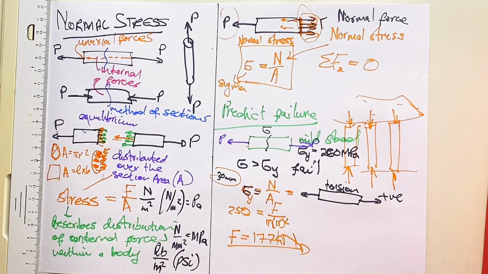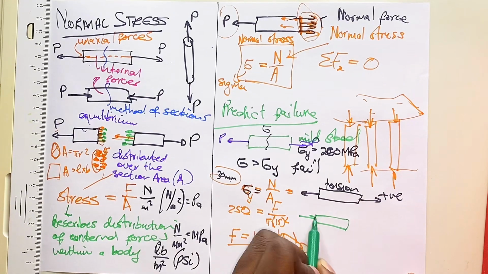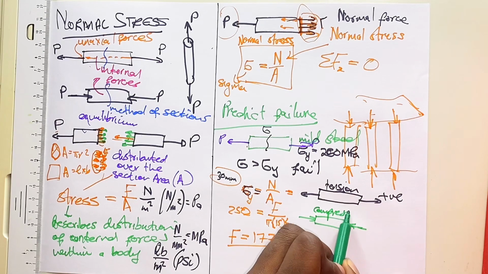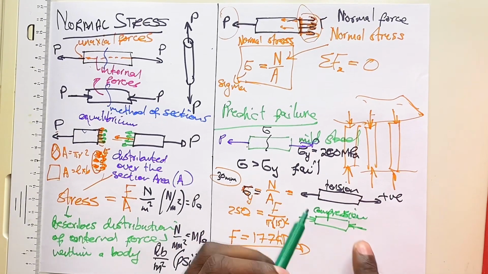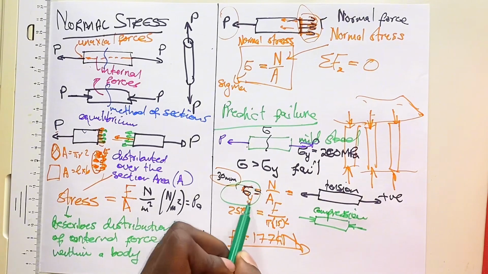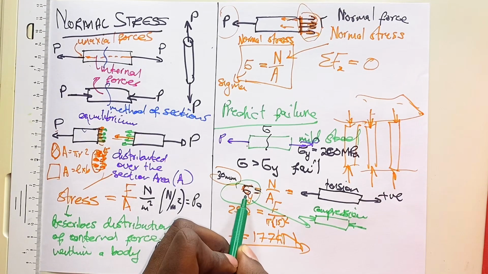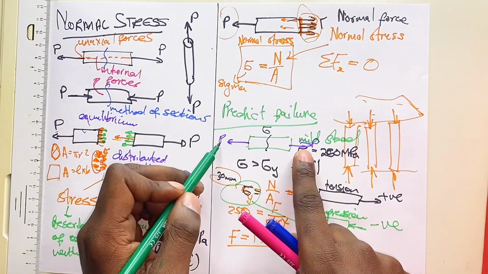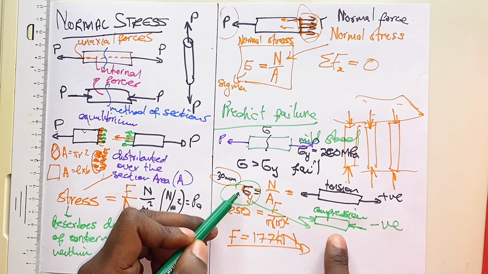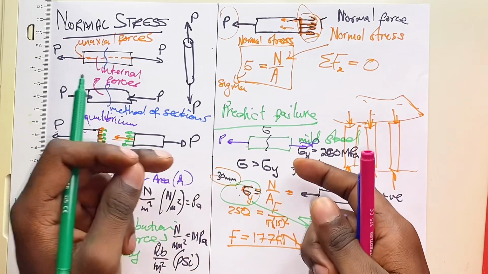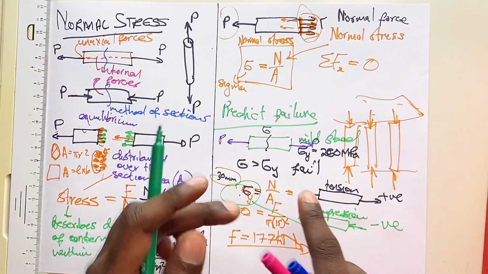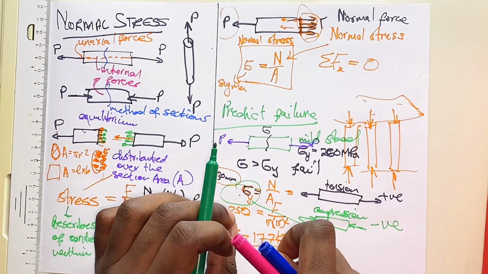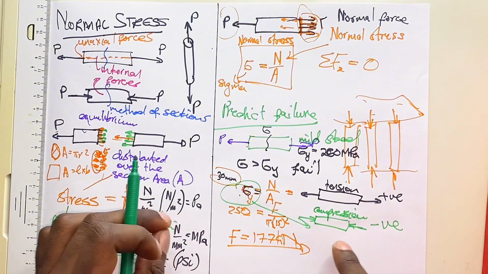However, if your member has forces that are pushing against it, your member is experiencing compression, and if you calculate the stress, it will give you negative values. So if you calculate the stress and it gives you a negative value, you will know that the member is experiencing compression. And if you get positive values, you will know that the member is experiencing tensile stresses.